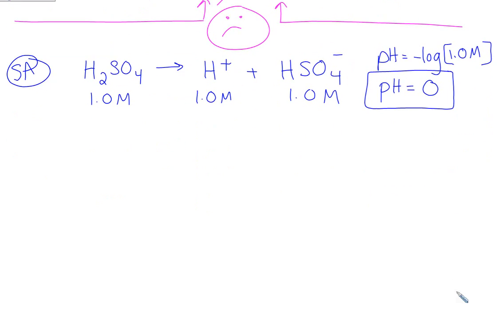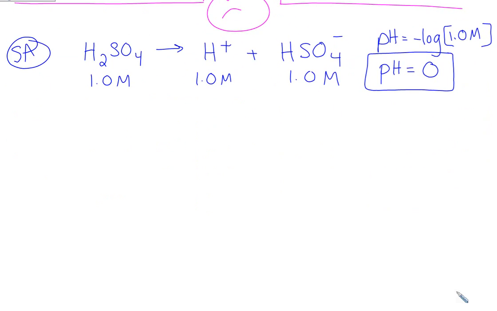So now for kicks, let's check the second dissociation. So now let's do the weak acid part. The second is weak. The hydrogen sulfate dissociating. I'm going to put that as a double-sided arrow because it's weak. I'll leave the water out because we're not going to use it in our final calculations anyway.